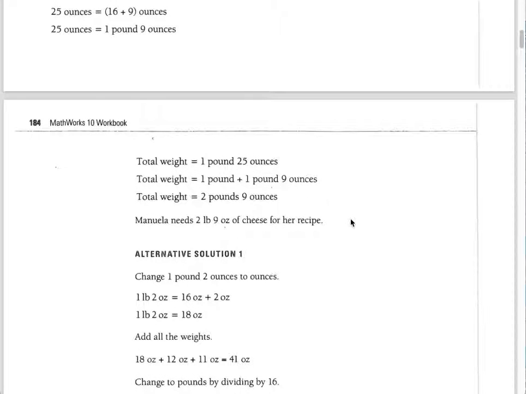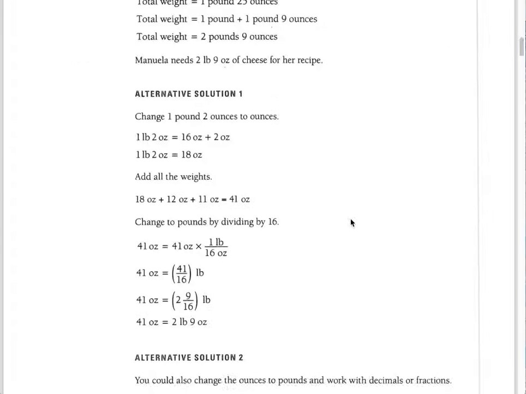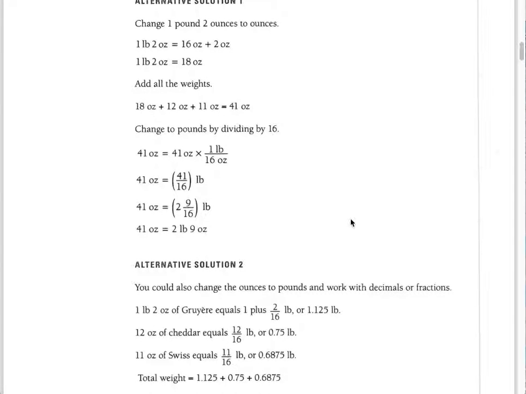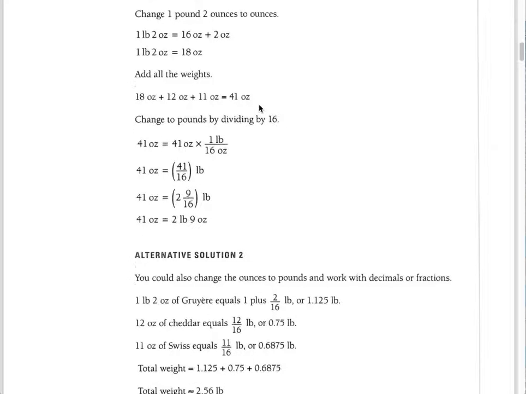Of course, another way to look at it is you can change the whole thing into ounces. And they're giving an alternative solution here. First of all, change the 1 pound 2 ounces into complete ounces. So that's 16 for the pound, plus the 2 gives us 18. Add all the weights together, and we have 41 ounces. If we wish, we can change this now into pounds.